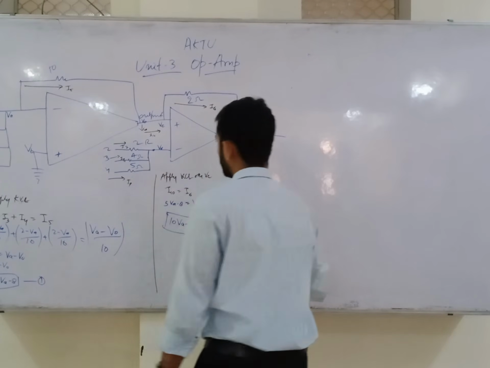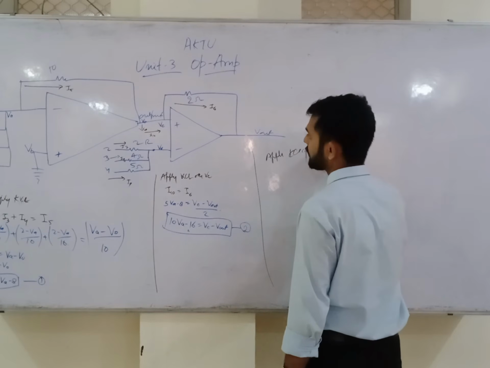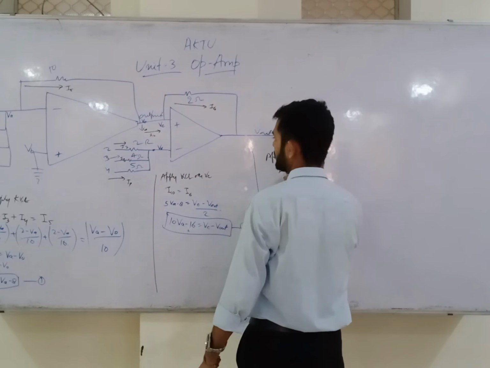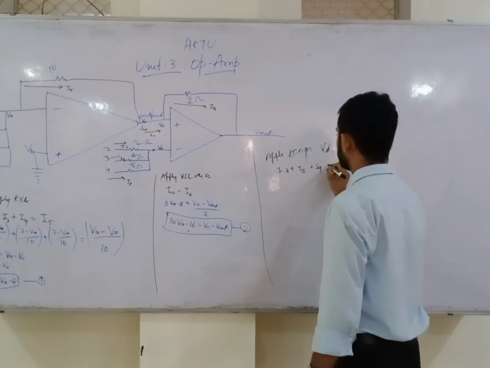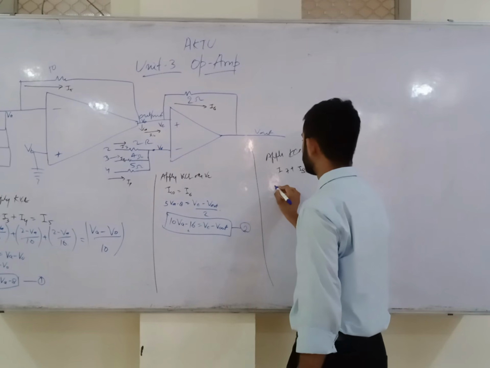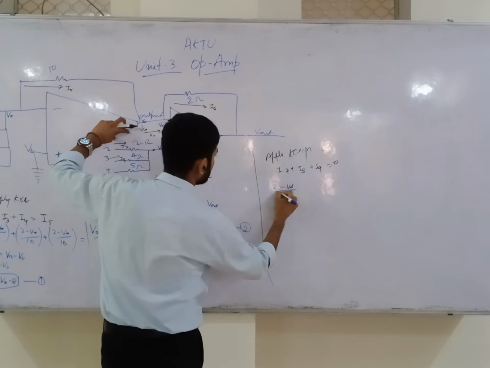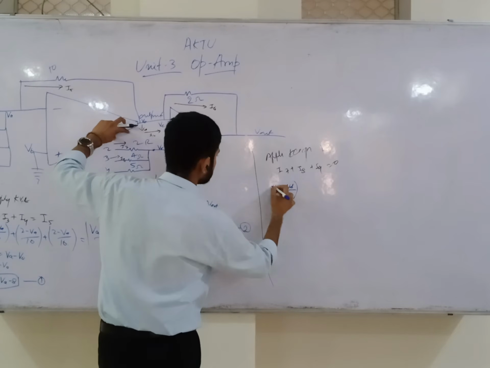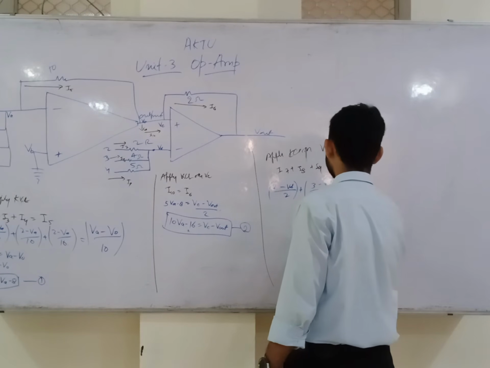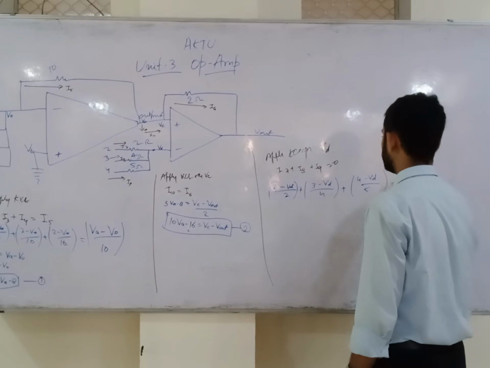After that, applying KCL on VD: I7 plus I8 plus I9 is equal to 0, because the op-amp draws 0 current. So 2 minus VD upon 2, plus 3 minus VD upon 4, plus 4 minus VD upon 5 is equal to 0.